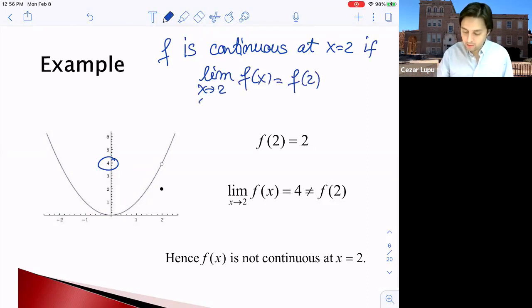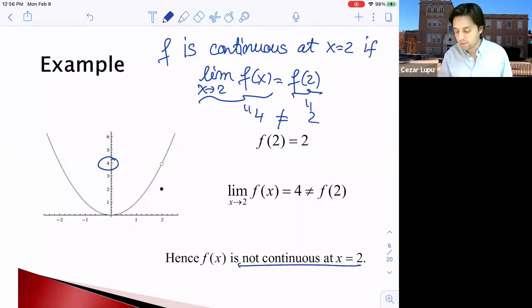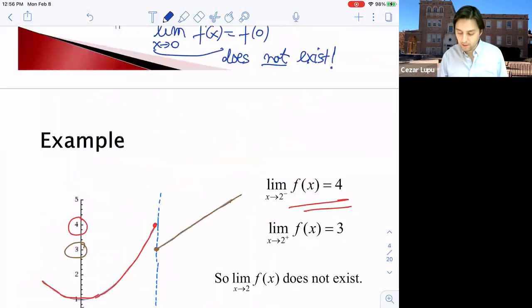But we know that the limit is 4 and f of 2 is 2. These two are not equal. So there is no way to make this function continuous at the point x equals 2. Keep this in mind, and I'll go back to the definition.